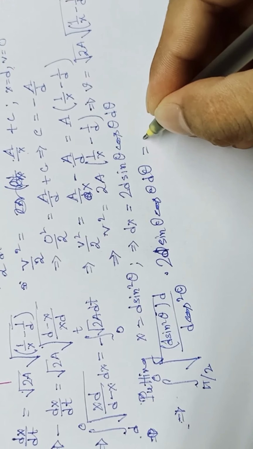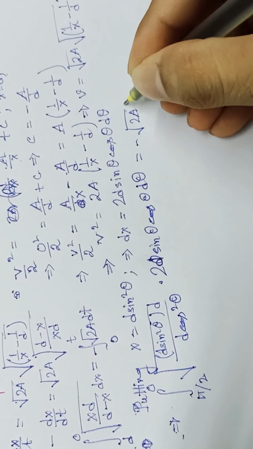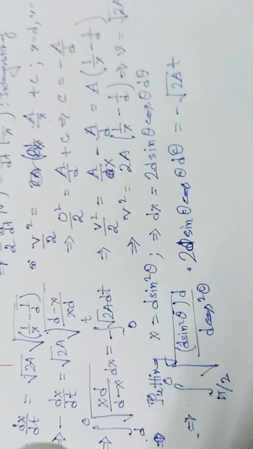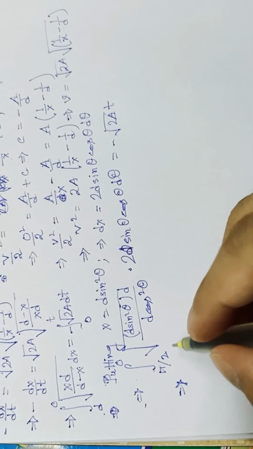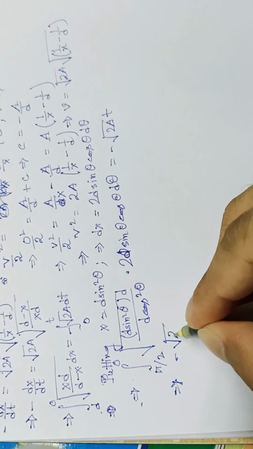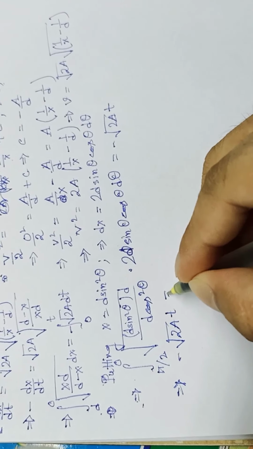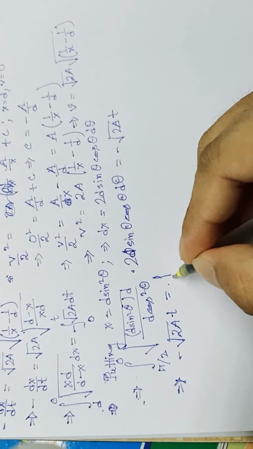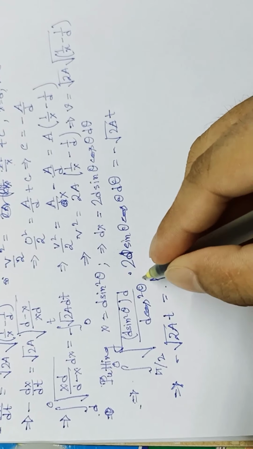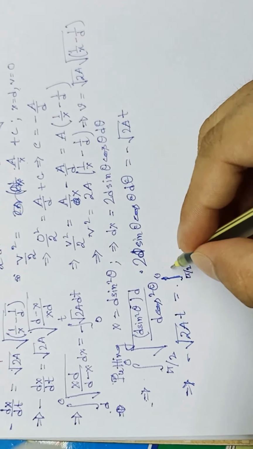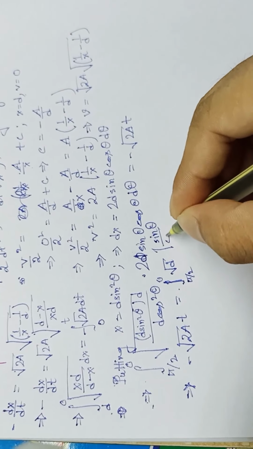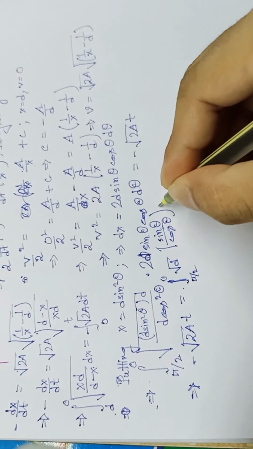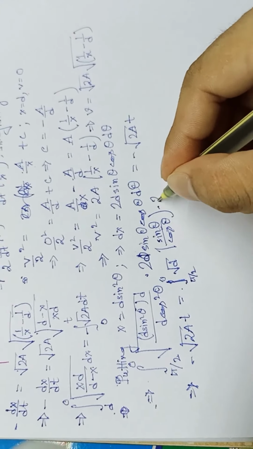This term will be equal to under root 2a multiplied by t. Now after proper substitution, minus root 2a into t will be equal to integration from the limit pi by 2 to 0 of root d into sin theta divided by cos theta into 2d sin theta cos theta d theta.